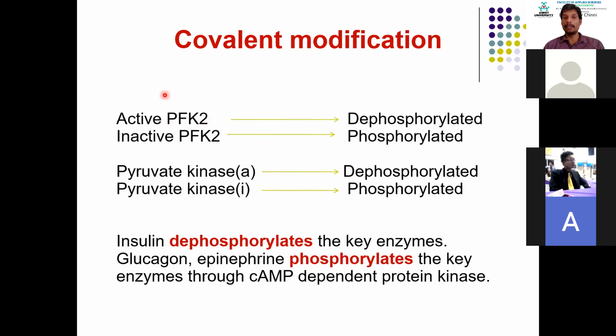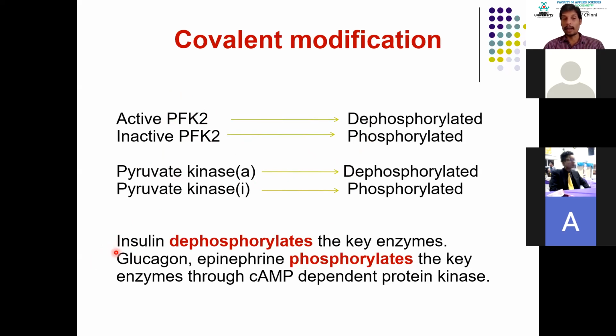It is going to be in the activated form. That means it will undergo excess glycolysis, and the glucose will all be utilized. That is how insulin reduces the glucose molecules in the cell.